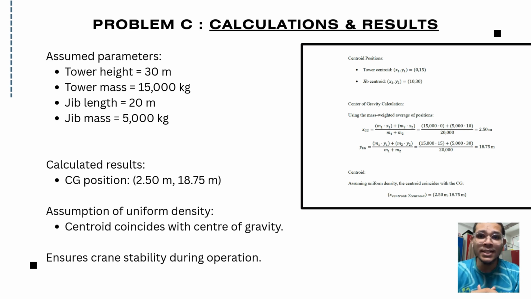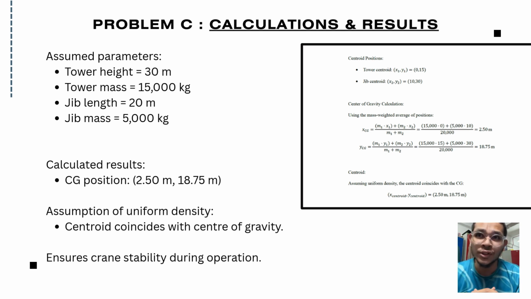From our calculation, the position of the center of gravity is at coordinates 2.5 meters and 18.75 meters. Assuming uniform density, the centroid coincides with the center of gravity, which simplifies our analysis. The alignment of the center of gravity within the base footprint ensures the crane's stability during operation, preventing tipping hazard.